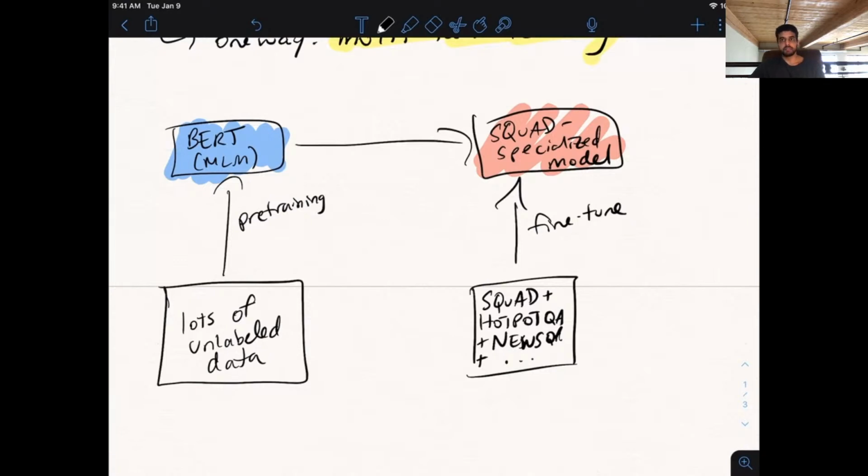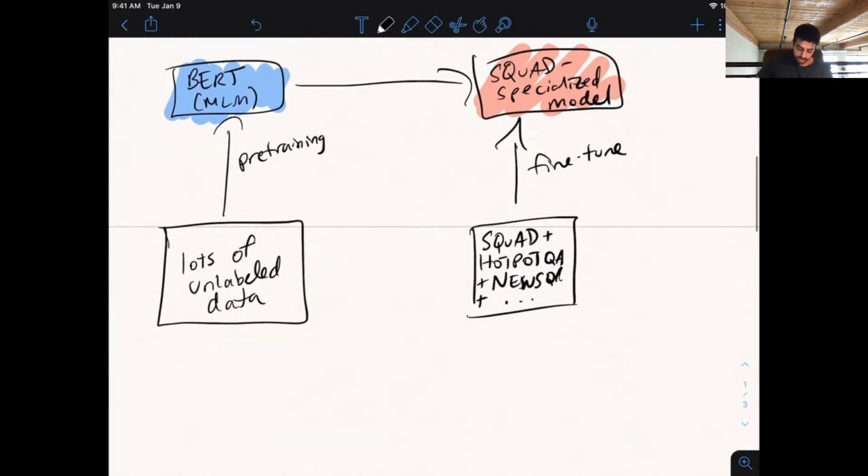So that's the idea, but remember that in this setting, we only care about our performance on Squad. We don't care about our performance on HotpotQA or NewsQA or so on. And so the loss function that we might want to use in this multitask setting looks a little different than the standard cross-entropy loss over all of the training examples.